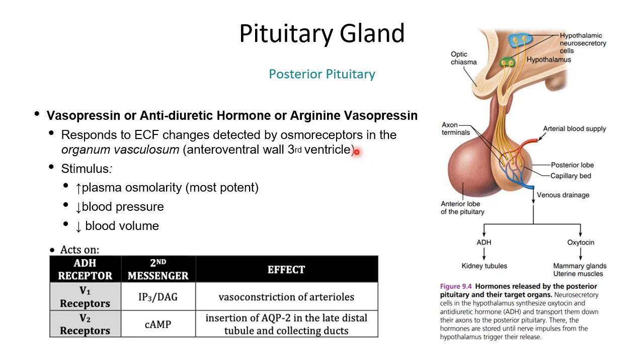The stimulus for the secretion of vasopressin is high plasma osmolarity. If you will remember, plasma osmolarity is directly related to the amount of sodium in the blood.